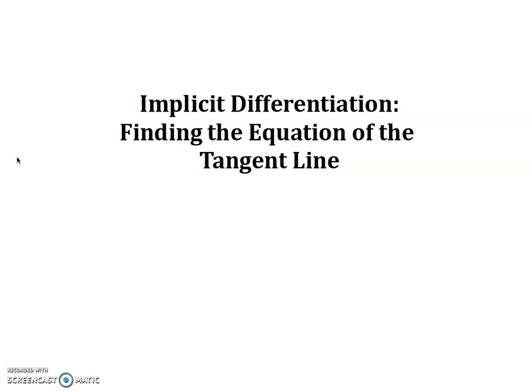We're going to find the equation of the tangent line where we have to find the derivative with implicit differentiation. Remember our equation, we always do point slope form, so that'll be y minus y1 equals m times x minus x1. They're always going to give us the x value.